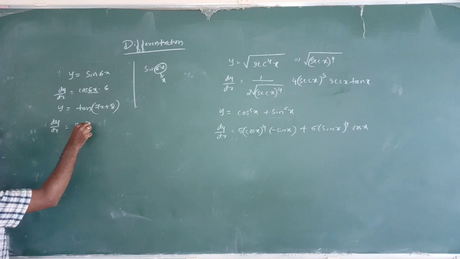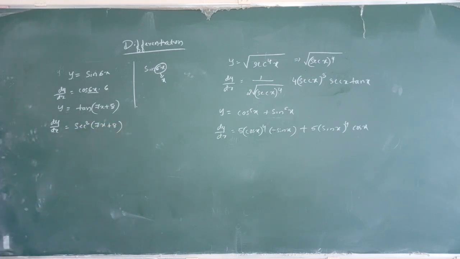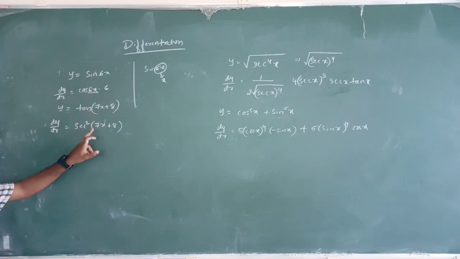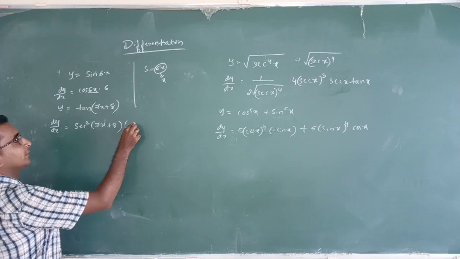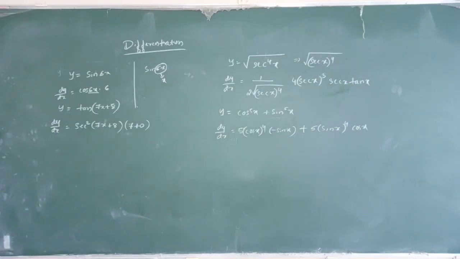It is sec square of x. First we differentiate the trigonometric function, then after that its angle of the domain. Then differentiation of 7x plus 8: 7x is 7, then plus 8 is 0. Very simple, is it?